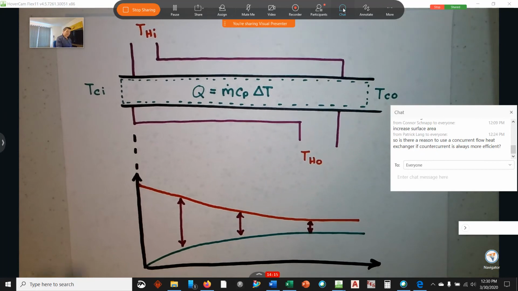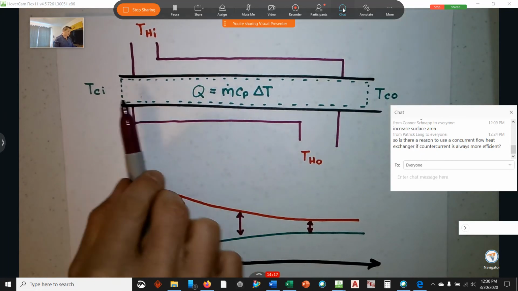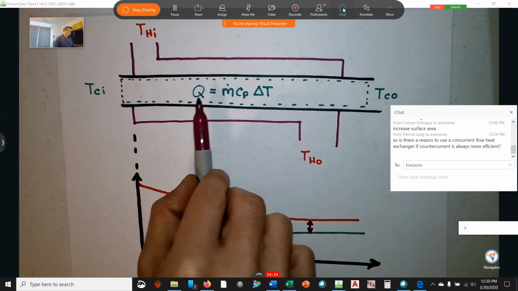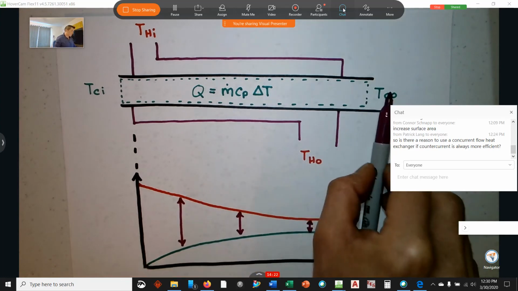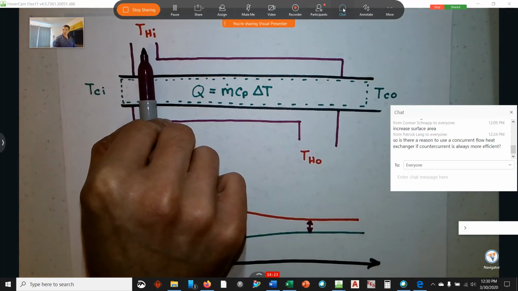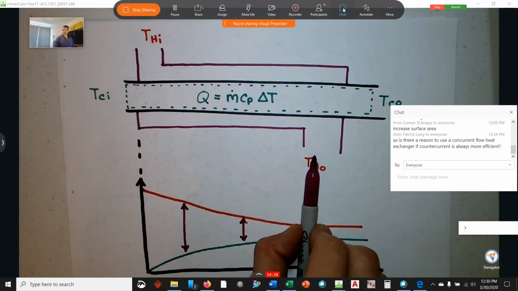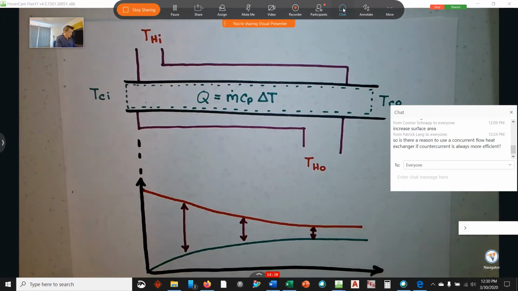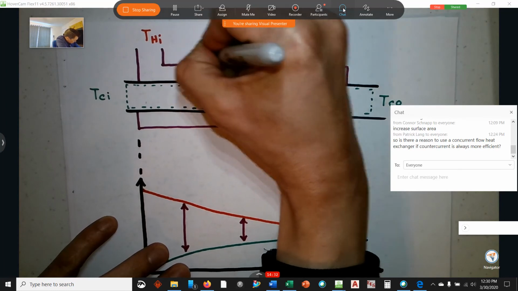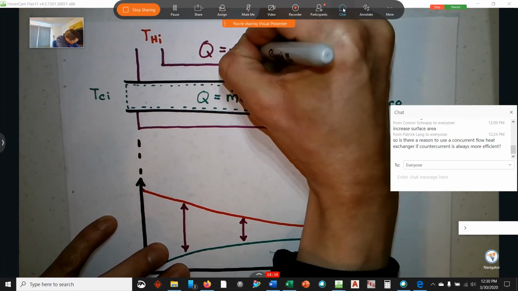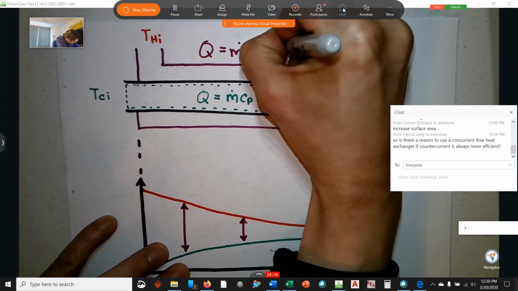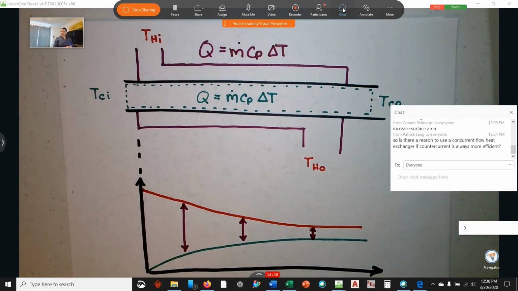And this is what gets confounding, is thinking about, all right, so I'm doing these balances where I have Q as M Cp delta T. If this is also a liquid that's starting at some hot temperature and it's cooling down, then that's also M Cp delta T.